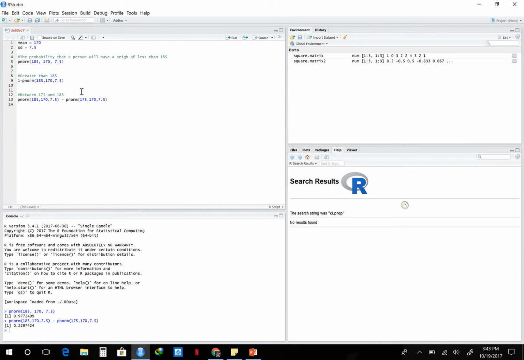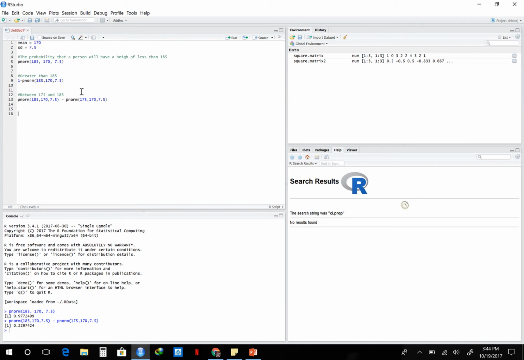Okay, so moving on to q-norm. We use q-norm if we want to find percentiles.